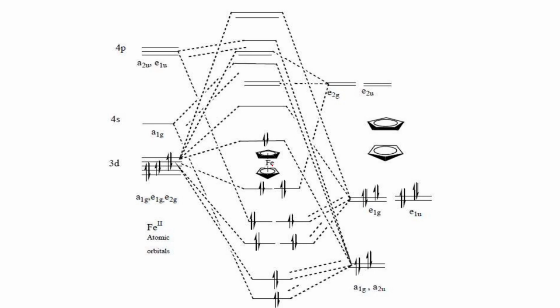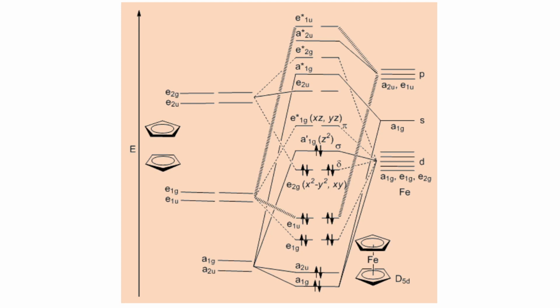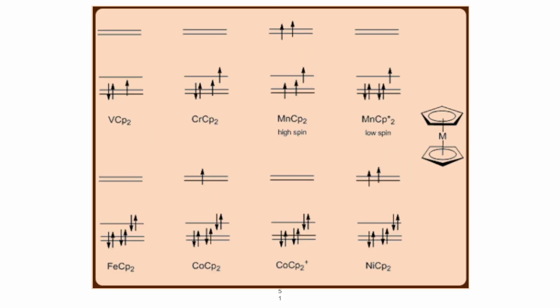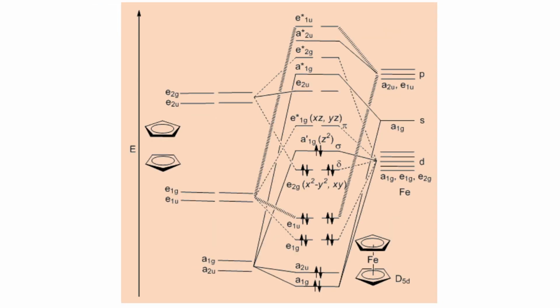Now the important thing is these five orbitals, and according to that you can assign your metal electrons, and with that you can decide it. The orbitals we are mainly going to talk about, because anyway these 10 electrons are going to be filled by these A1G, A2U, E1G and E1U.